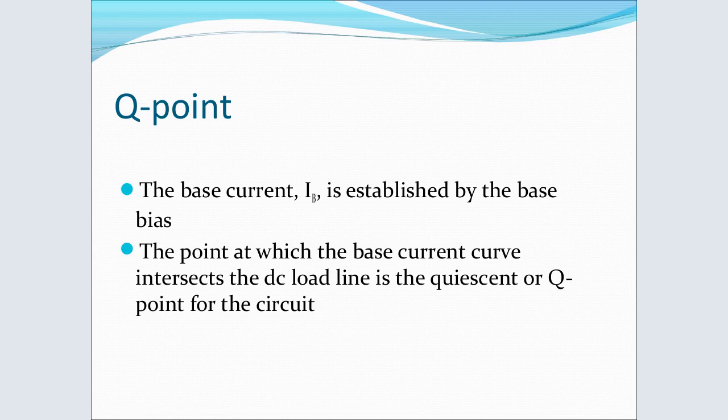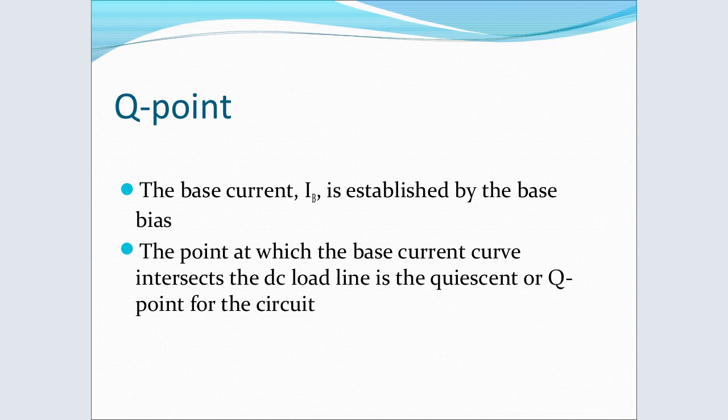Now, the Q point, or what we call the quiescent point, is basically a point chosen to ensure that irrespective of how the input alternating current fluctuates, our transistor can still remain in the active region.